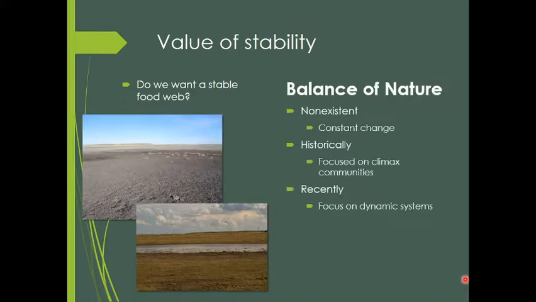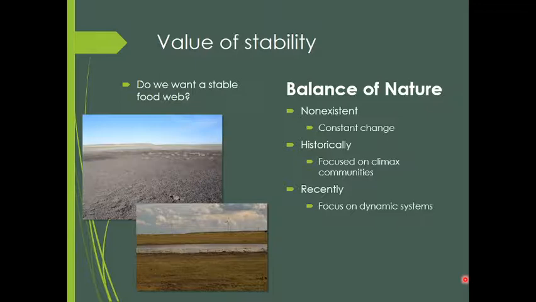But I think it comes from people wanting to know about the balance of nature, and the balance of nature is really non-existent. The only consistent thing in nature is constant change. I've said that in a variety of different classes.